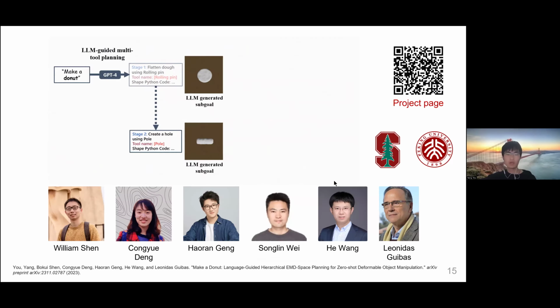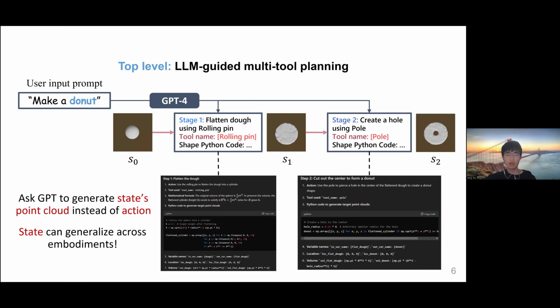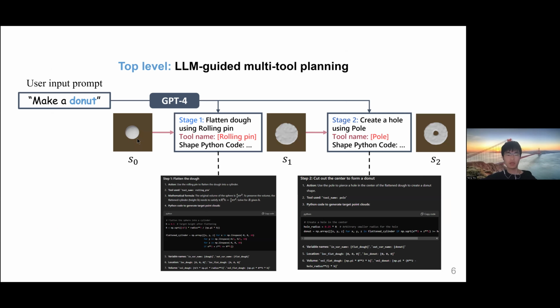Oh, cool. So the key here is that we find that if you directly optimize, say, from S0 directly to S2, the gradient is not very good, and you cannot directly optimize using the differentiable simulation.